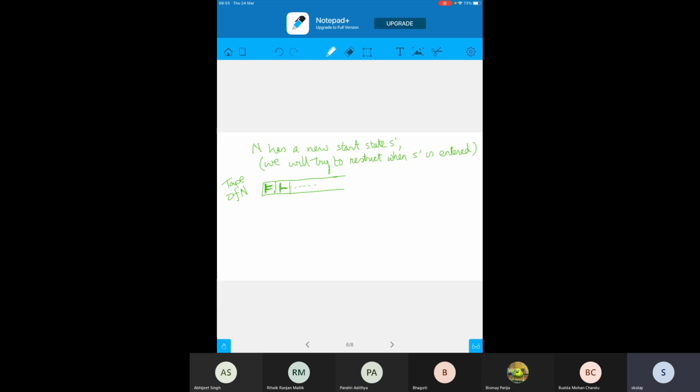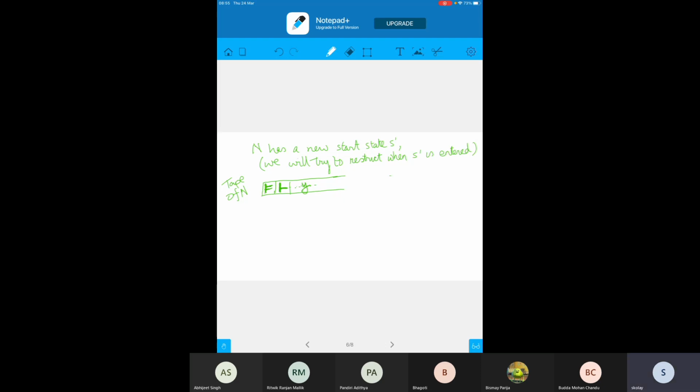Then for any input, I will put the traditional left hand marker first. Basically I will shift the input. Let's say y is the input. I will shift the input y one place to the right and put in the traditional left end marker.